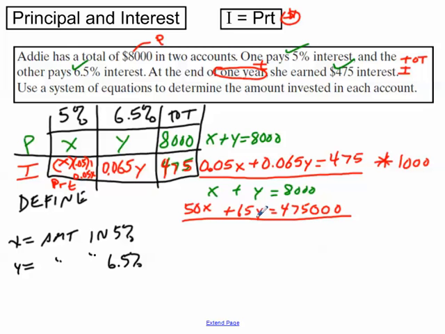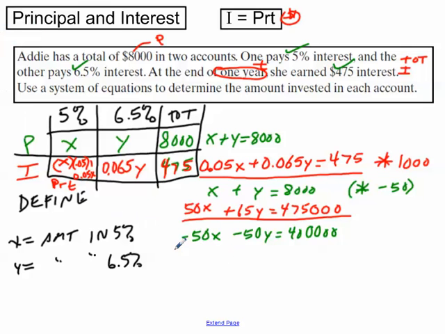Now we've got the same system of equations, just the red has been modified. And now we multiply the green one probably by, let's say, negative 50, to give us negative 50x minus 50y equals 400,000.